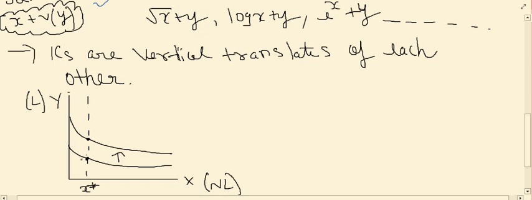We are increasing X, but after there is some stable expenditure on X, the non-linear commodity, beyond that any increase in income is not inducing any change in the consumption of X. So what we mean by vertical translates is that in reference to the non-linear commodity, the ICs would be symmetrical or parallel. You can see, these are our IC1, IC2, IC3, etc.